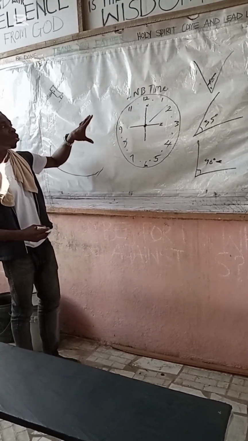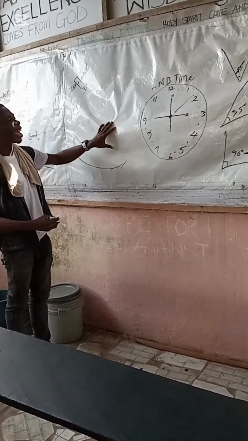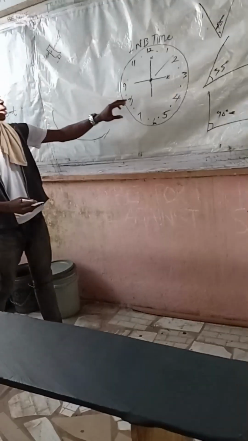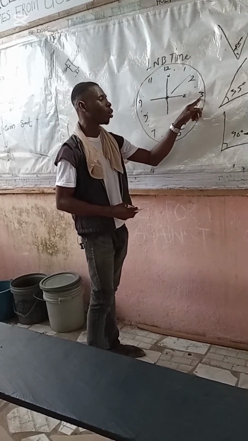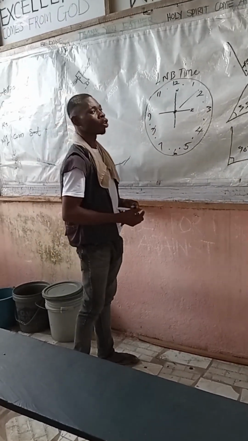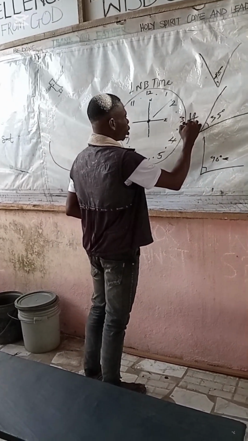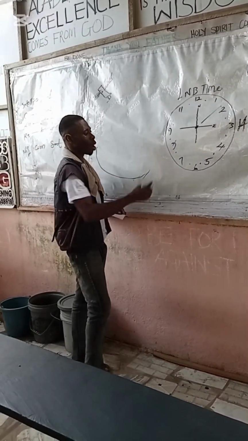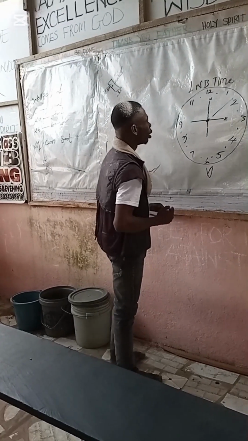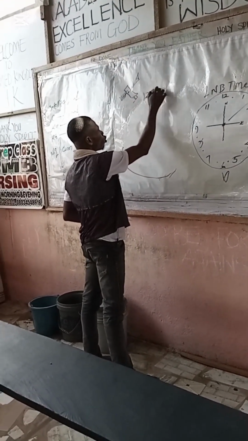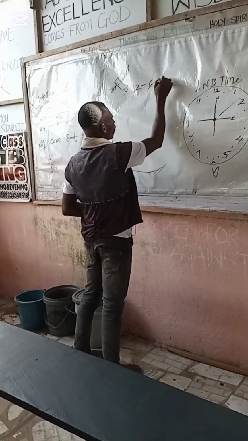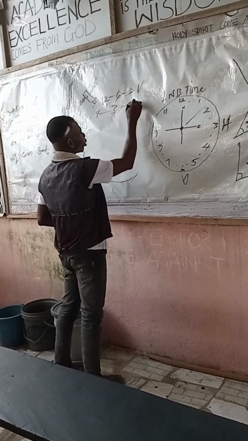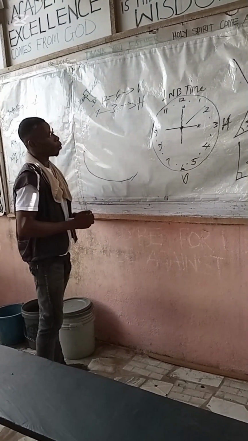You must know that in satellite there are a few things you need to consider. 6 o'clock, 12 o'clock, 3 o'clock and 9 o'clock are the horizontal and vertical parts of satellites. 9 to 3 is horizontal, which is H. 12 to 6 is V, vertical.